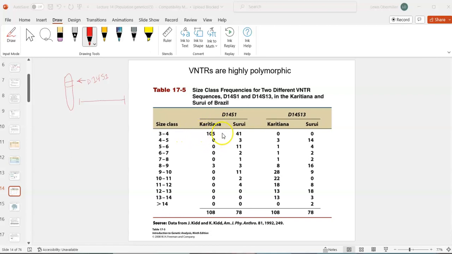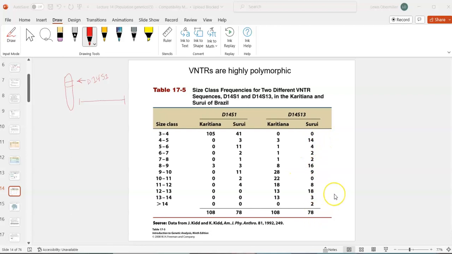There are 105 individuals in this population, and 3 have 1 to 9 repeats, whereas you get a much broader range elsewhere. And if we look at another locus, D114S13, we can look at the variation in that as well. 108 individuals, much more variable at this locus. This tribal group, the Saruri, have very similar variation at this locus.